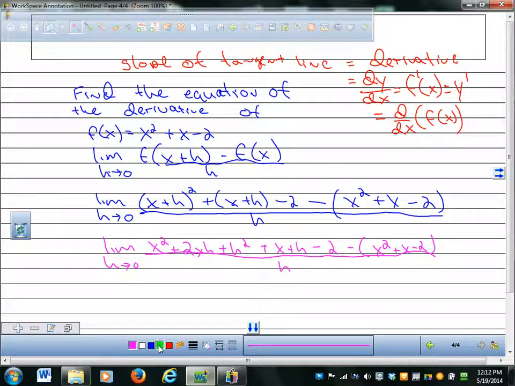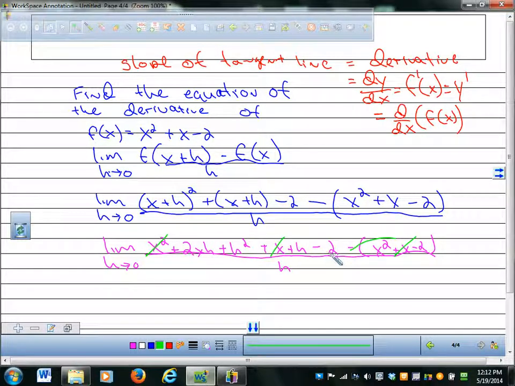Then I can cross out some things. The x squared and the minus x squared cancel. The minus x and the plus x go away. I have an h squared, 2xh.